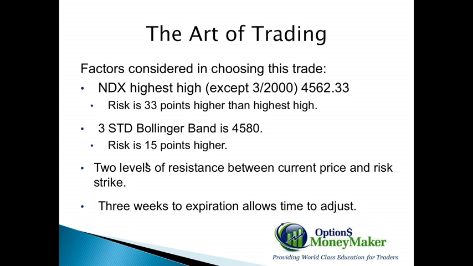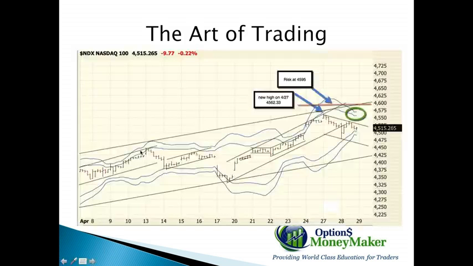Again, that's a natural level of resistance that the index is going to potentially encounter if it moves against our position. And then we had 2 levels of resistance in the way we identify channels, support and resistance. I'm going to show you the chart here in just a minute. And we had 3 weeks to expiration, which allows us plenty of time to modify and adjust this trade if we are forced to. So here's a simple chart.